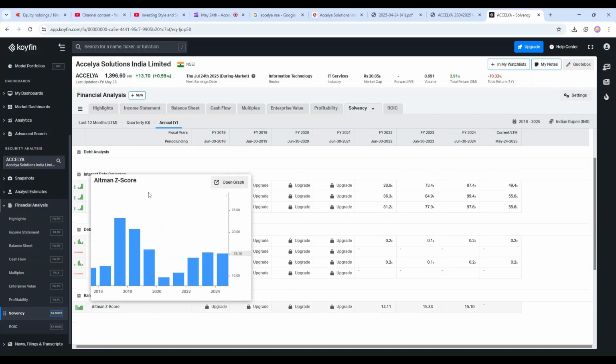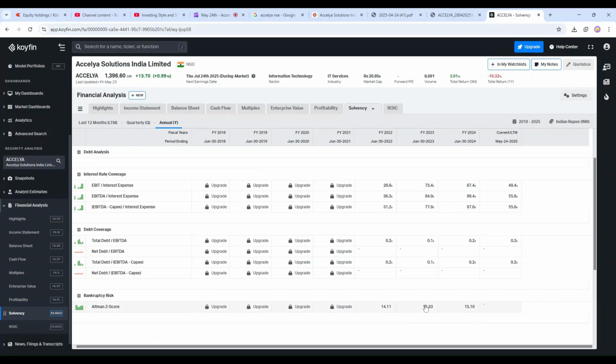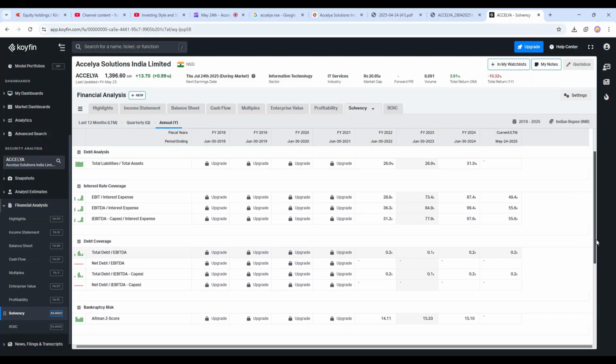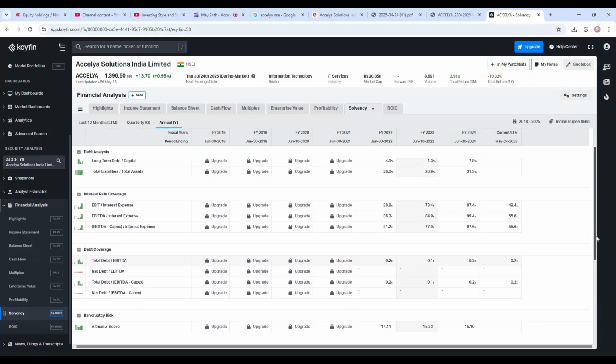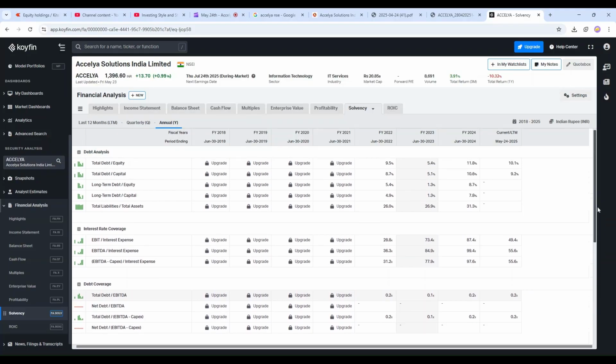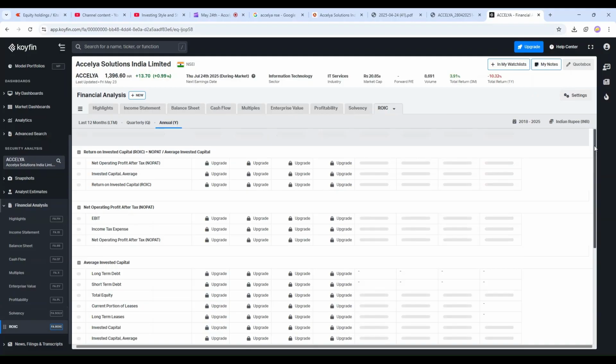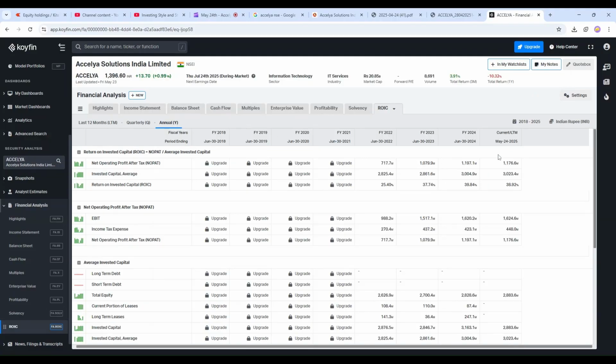Altman Z score. I don't know how they calculate the Altman Z score, but the higher it is, the lower the chance of defaulting. It doesn't have any loan. It only has some amount of lease, so it can't default. That is also a good sign.